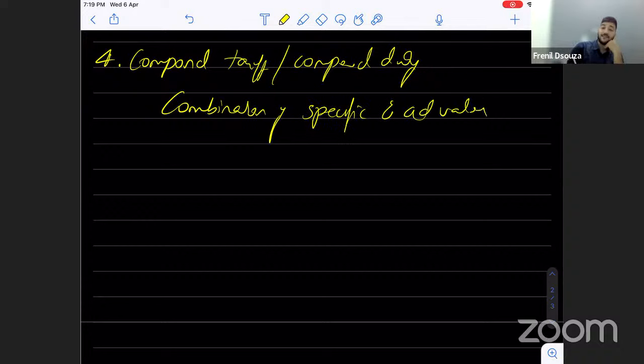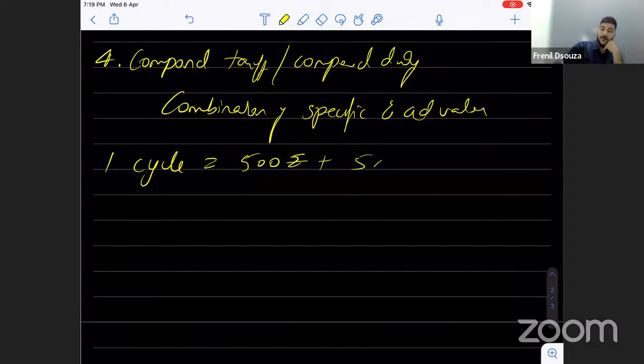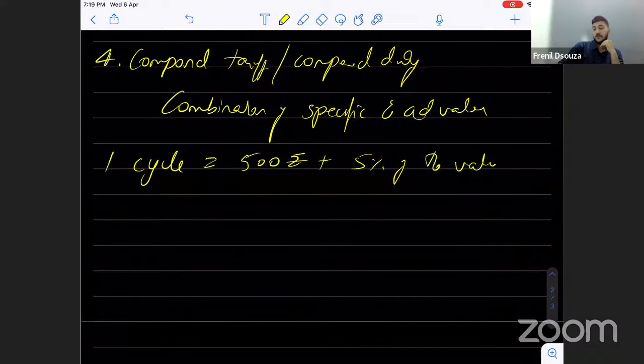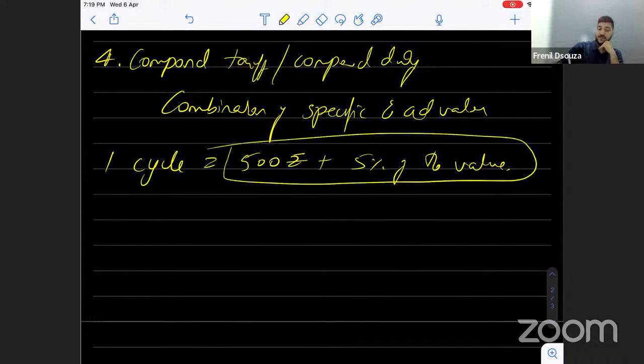So here, how will the taxes be ascertained? If you import, let us say, one cycle, they are going to say it is going to be 500 rupees plus 5% of the value. So here I have used both specific as well as ad valorem. So this is called what? Compound tariff or compound duty.